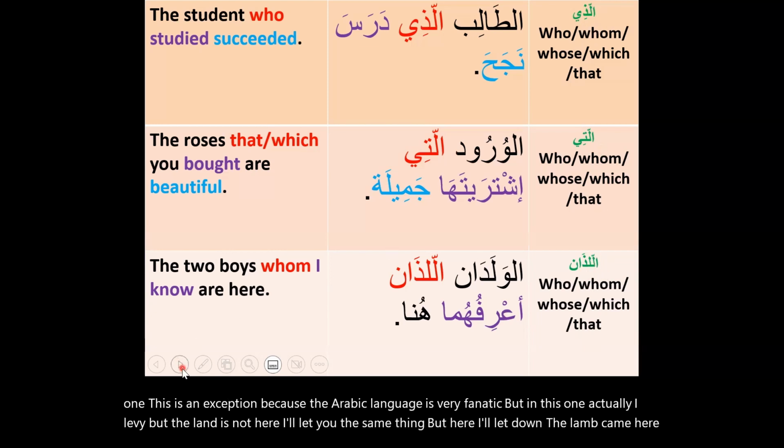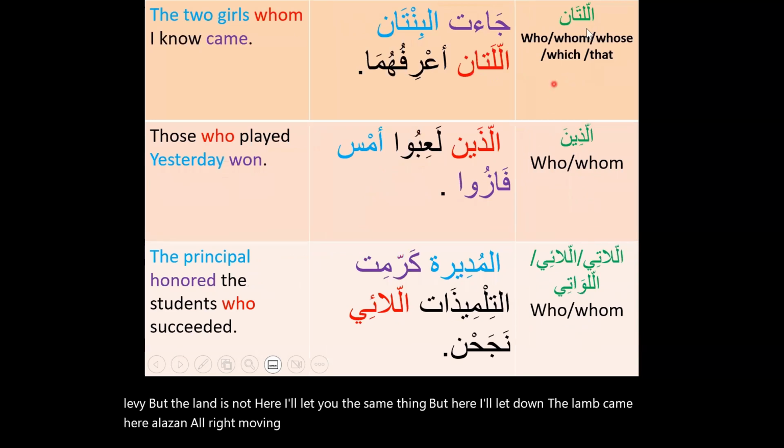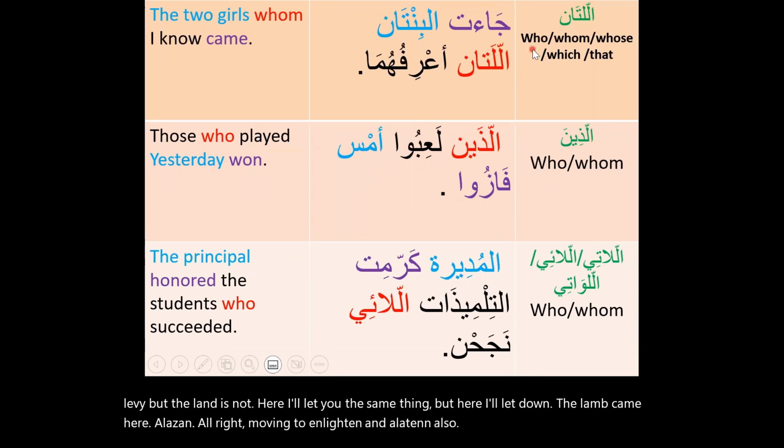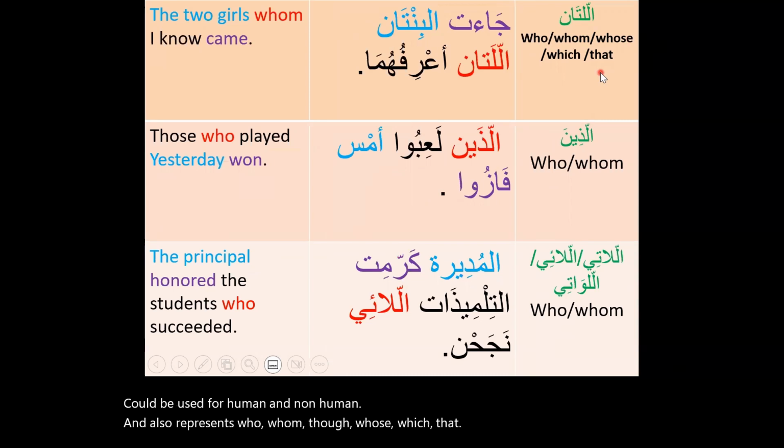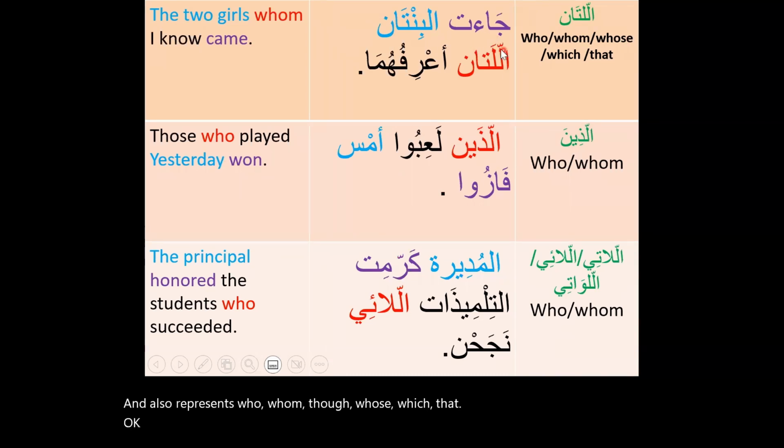All right, moving to allatan. And allatan also could be used for human and non-human, and also represents who, whom, whose, which, that. Okay, and let's take the example here. جاءت البنتان اللتان أعرفهما.